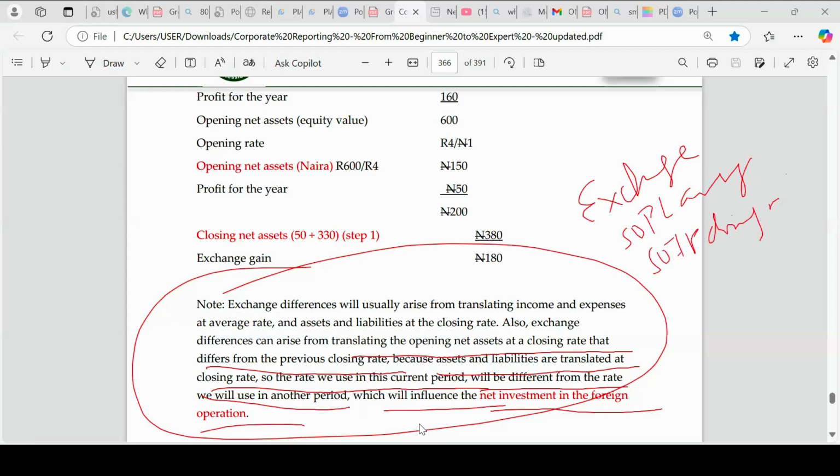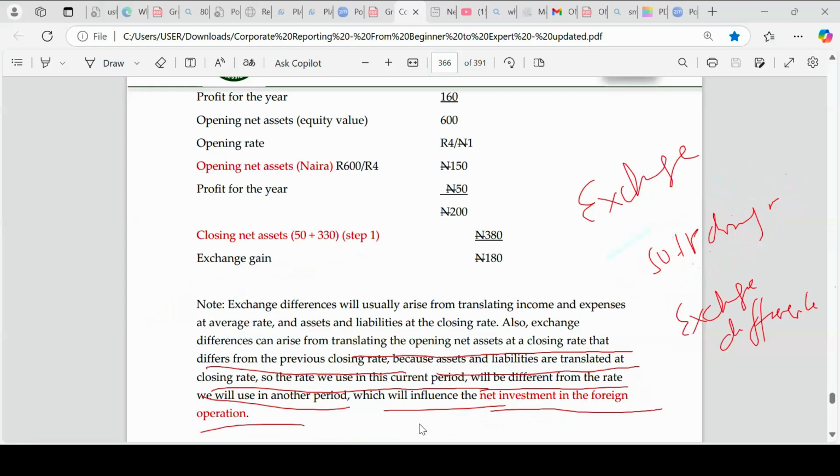And also because you have done these balances on your SOFP at the current year closing rates, don't forget that the balances you had in the previous year, you did them at the closing rate of the previous year. So you are still going to have another exchange difference. So that's what we just did now. All right. Let's move on.